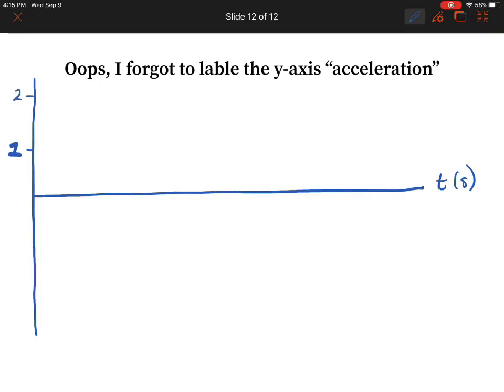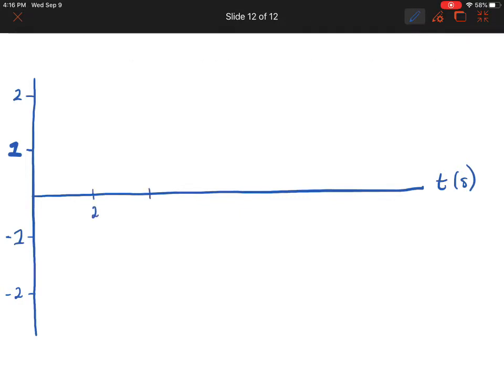So I'll say that's 1, that's 2, that's -1, that's -2, approximately. I don't have graph paper here, so I'm just estimating at this point. Okay, and then my time went all the way up to 10 seconds. So I'm just gonna go ahead and mark about every 2 seconds. So 2, 4, 6, 8, 10.